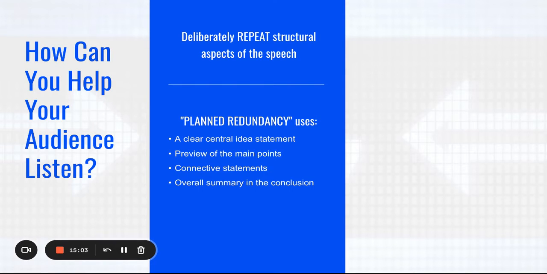So plan redundancy: use a clear central idea statement, preview your main points, have connective transition words, and give an overall summary in the conclusion. So when we talk about the introduction, the body of your speech, transitions, and the conclusion, this is exactly why we're doing that.